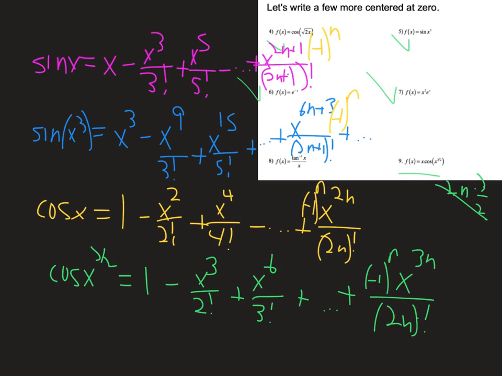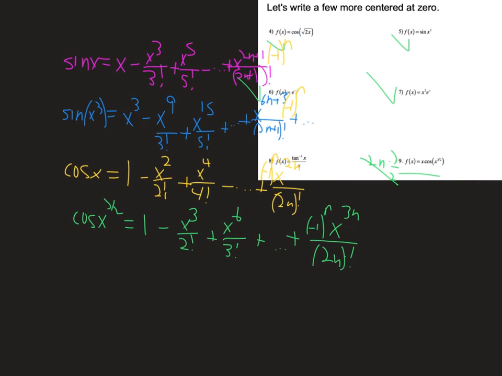Now we just need to put an x on. So let's go ahead and do that. So x cosine of x to the 3/2 is going to be x minus, so x cubed times x is x to the 4th. x times x to the 6th is x to the 7th.